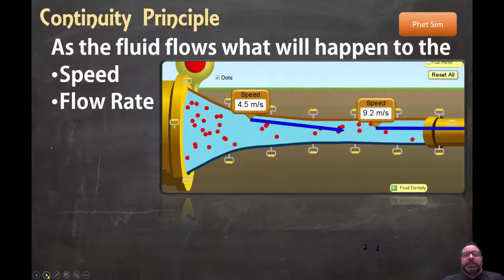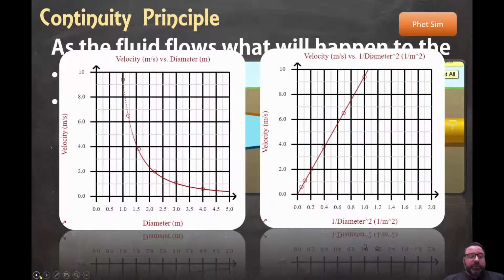Now you did a little experiment in class where you tried to figure out exactly what affected the speed increase, and you tested how the pipe diameter was related to the speed of the liquid in the pipe. You found something similar to this: when you plotted the diameter versus the velocity, it looked like an inverse square relationship.